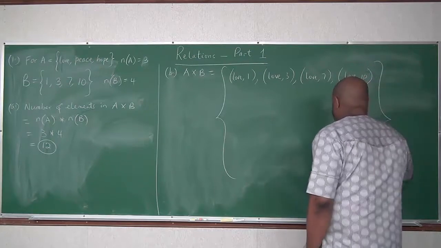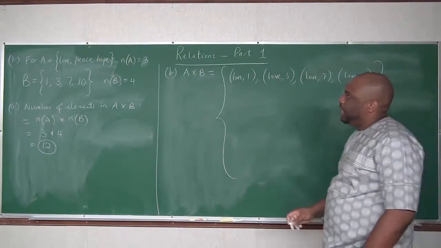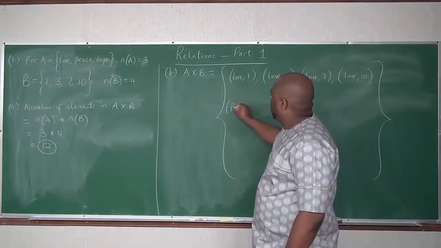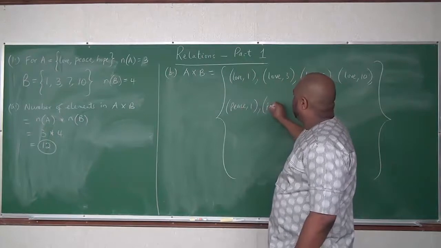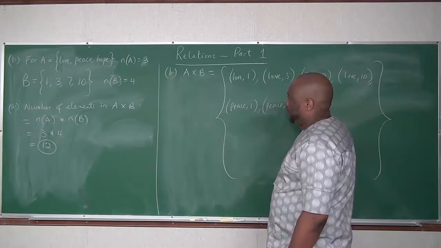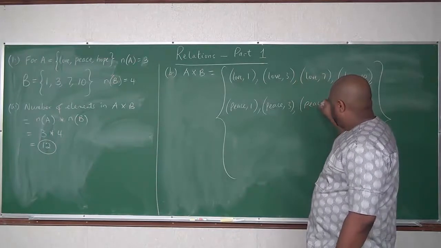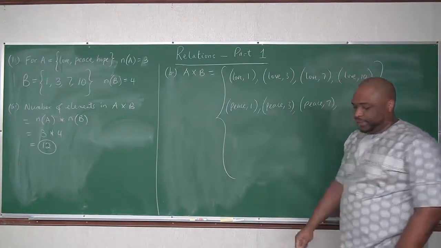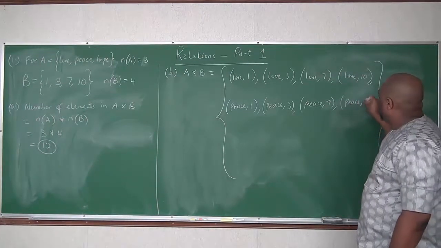Okay, I'm going to close this. Then we have peace, comma, 1, peace, comma, 3, peace, comma, 7, and then peace, comma, 10.